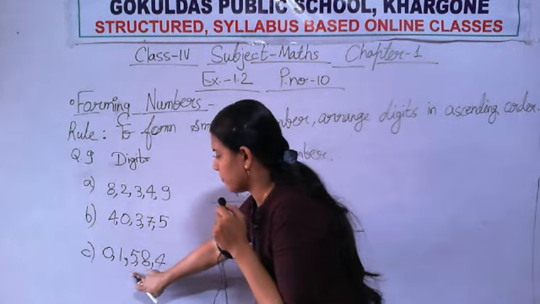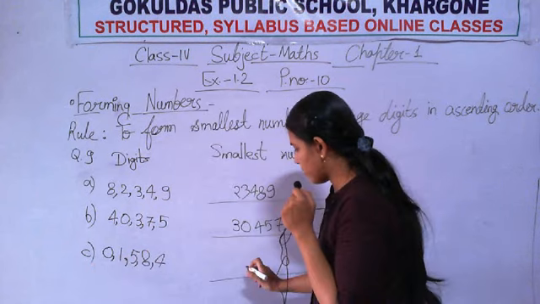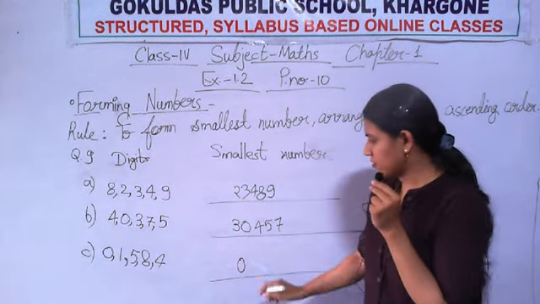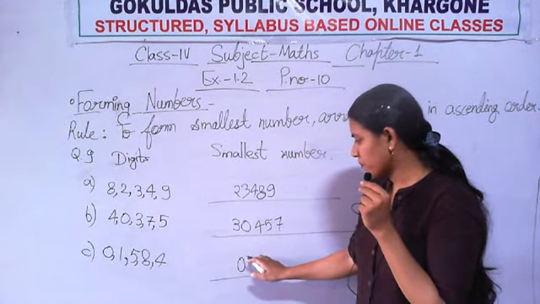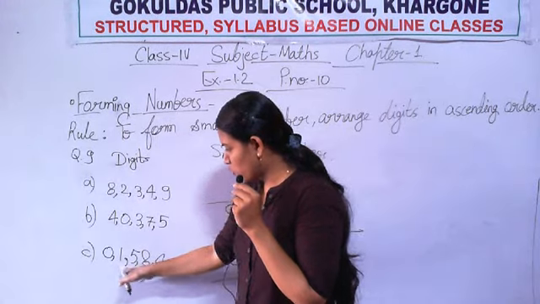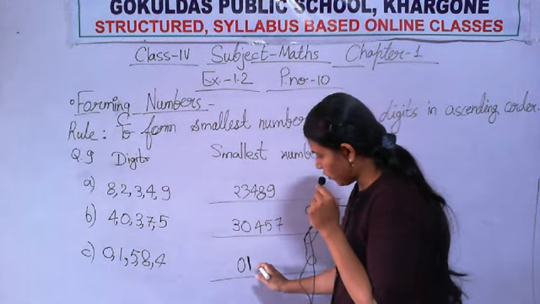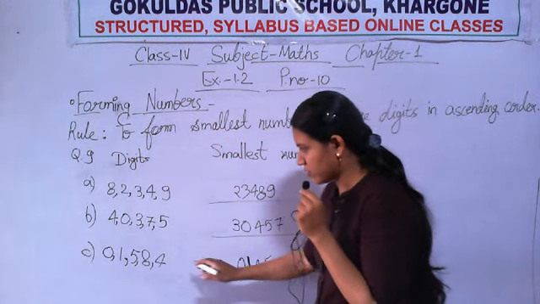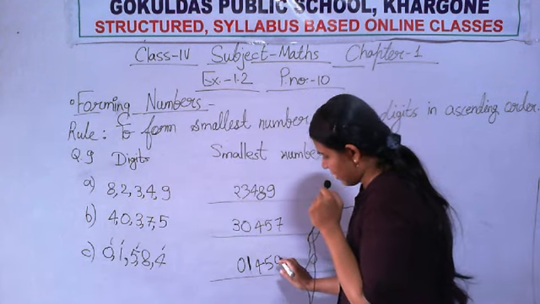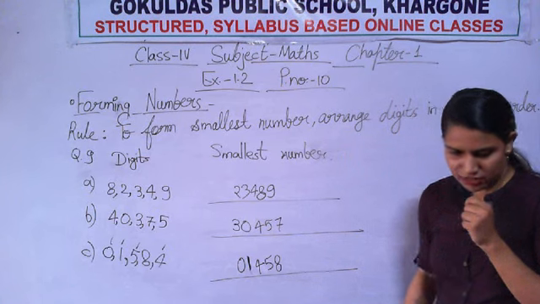In ascending order, which number will come at first place? Obviously 0 is the smallest, so it will come at first place. Then 1 will come. Then when you see here, no 2 and 3 are there, so 4 will come. Then after 4, 5 is there, and lastly 8 is left. So we are writing 8 at last.